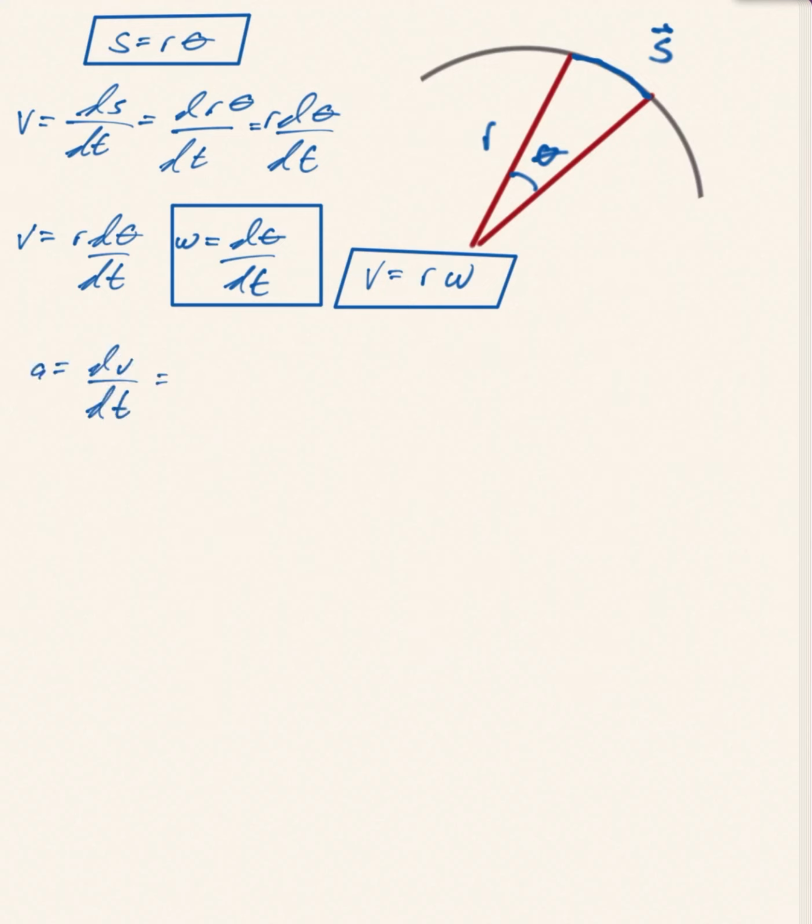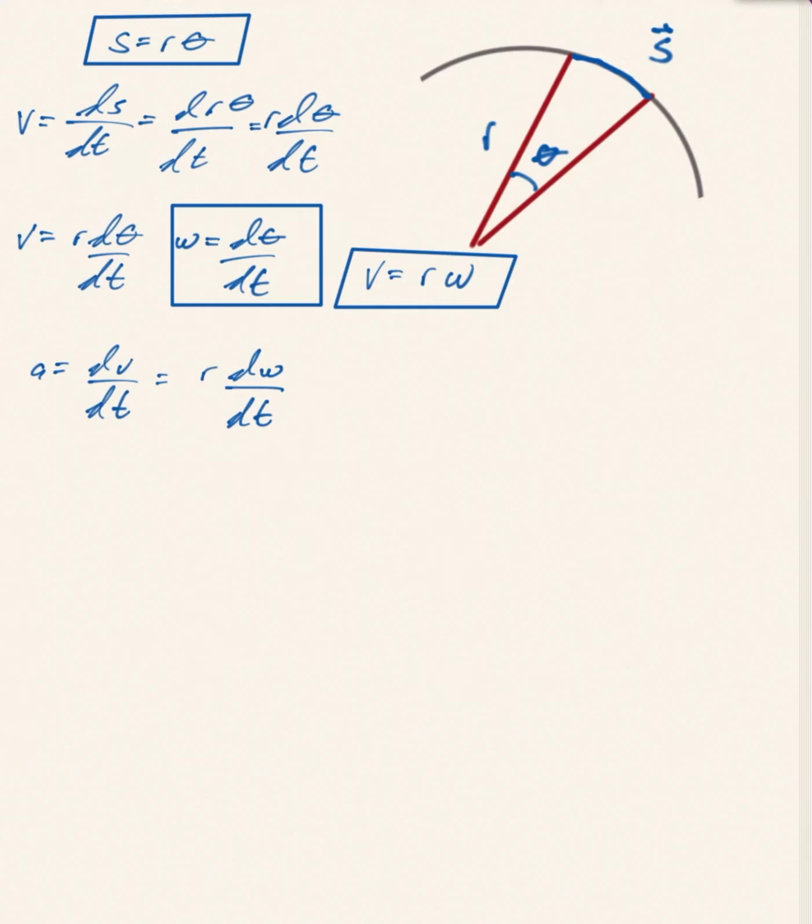Now our acceleration has a similar definition. That is the rate of change of speed with respect to time. So putting in that v is equal to r omega, we get that acceleration will be equal to r d omega dt. Again, the r is outside because over a small displacement, r can be regarded to be constant.